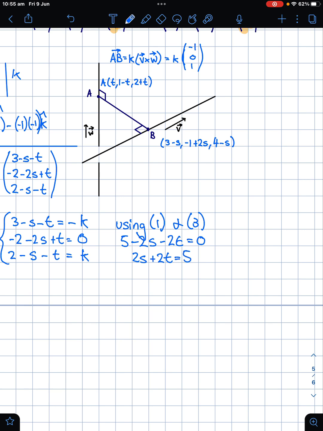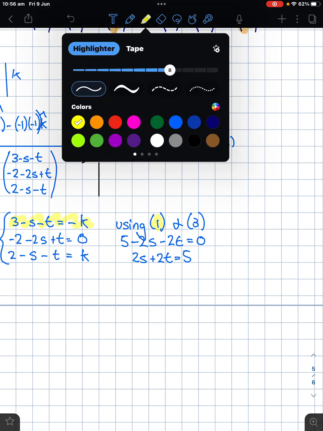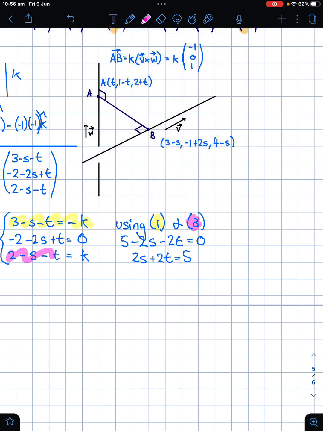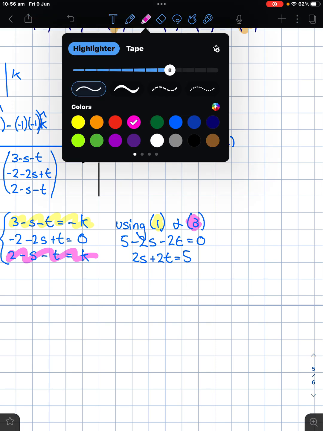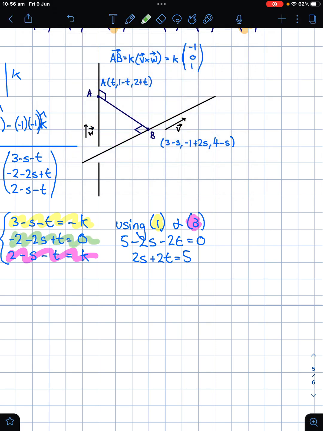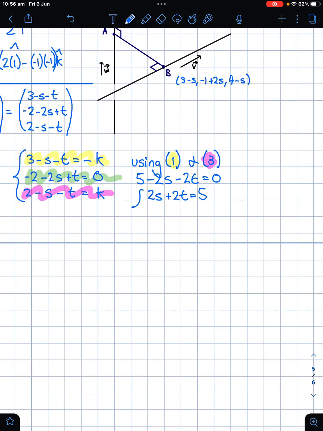Okay, so let me highlight this. Using 1 meant we use that one, and 3 meant we use that one, and they both gave us this one below it. And now if I take this one, what highlighter can I use to show that? We'll go this one here. If I rearrange this, I'm going to get another set of simultaneous equations.